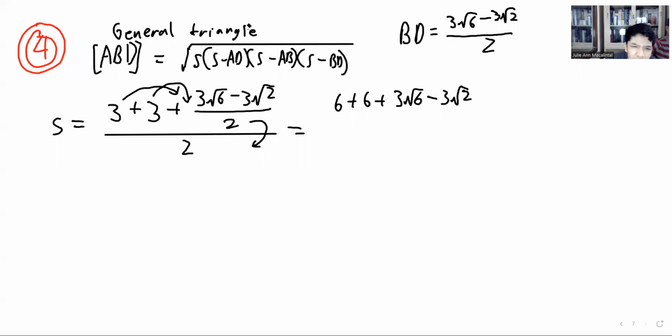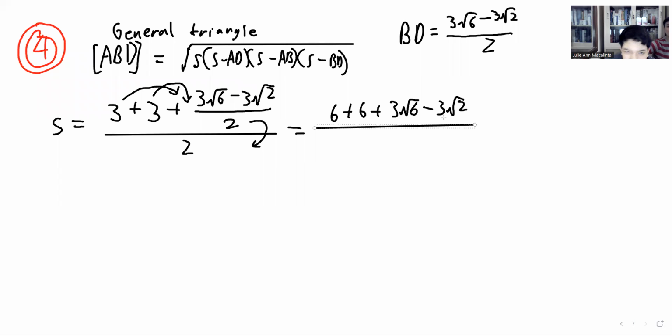What happened to the square root? Okay, so now we have found S, but we need to simplify first. Instead of writing general triangle right there, what formula are you using for that solution?